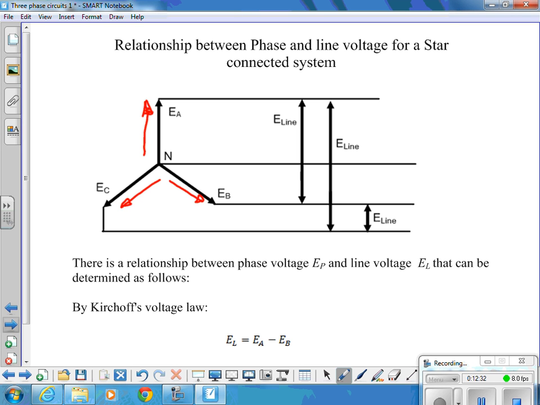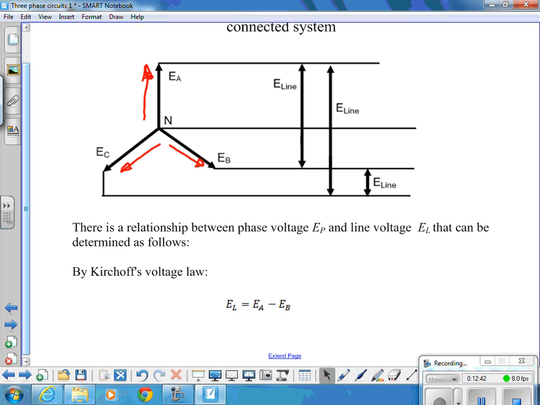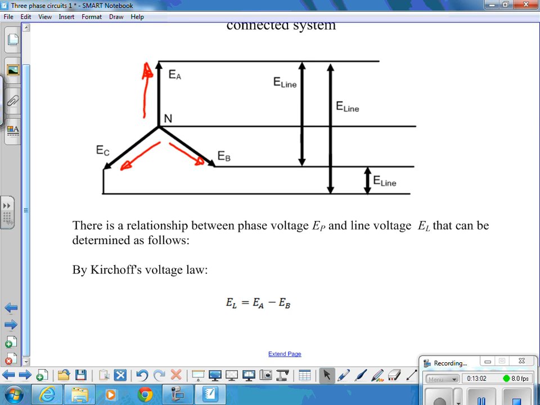They're your phase to neutral voltages. If we say, by Kirchhoff's law, the line voltage, and we'll pick this one between EA and EB, the line voltage there by Kirchhoff's law, EL, is EA minus EB, and it's negative because that arrow's going the opposite way. Yeah? Okay? So by Kirchhoff's law, EL is EA minus EB.